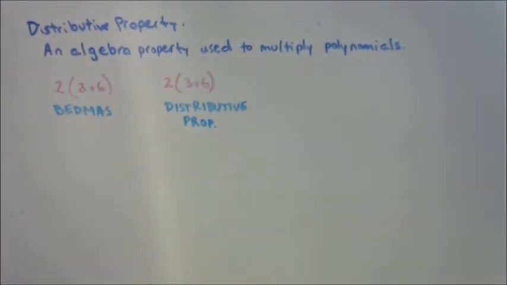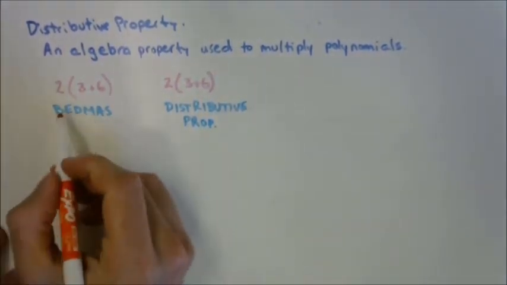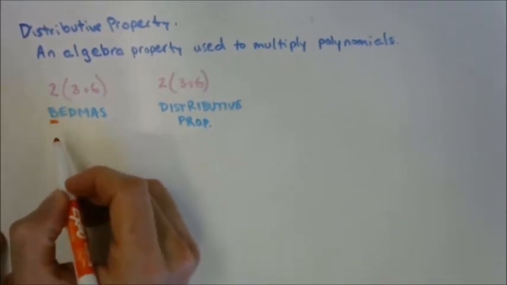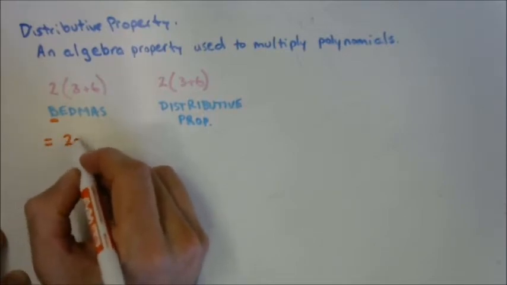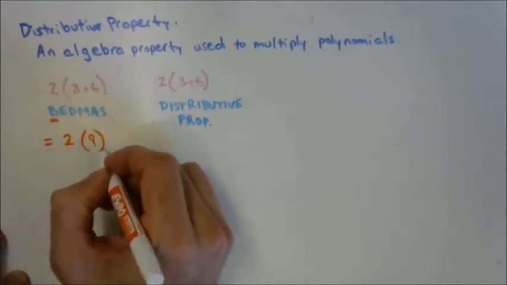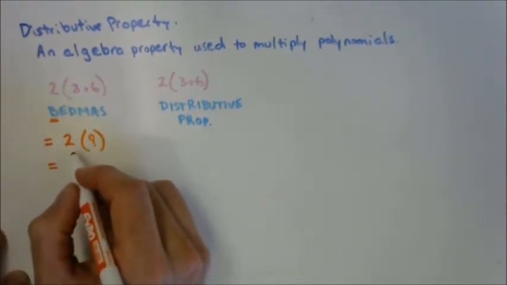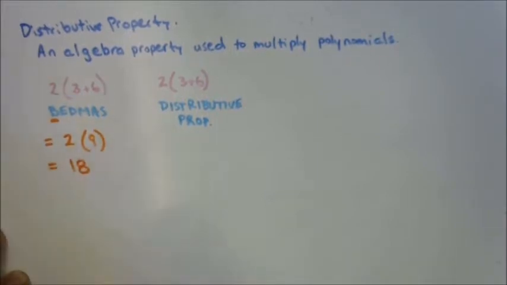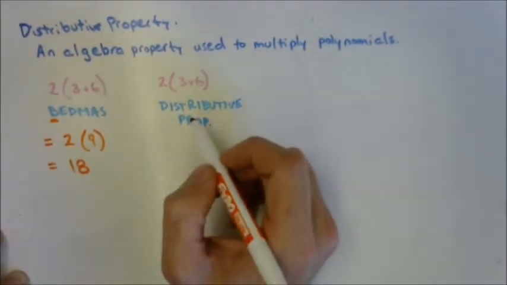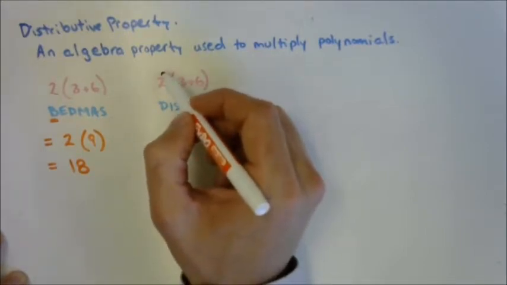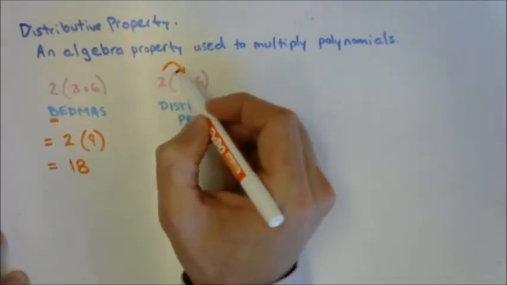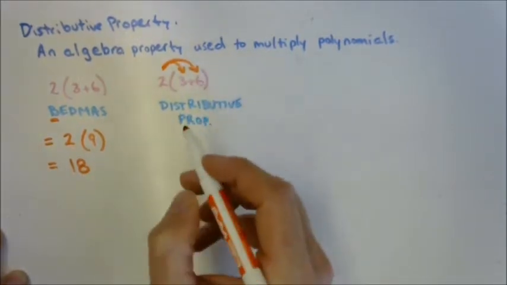Okay? If we use BEDMAS, we need to deal with what's inside the brackets first. So 2 times 3 plus 6 would end up being 2 times 9, which would equal 18. If we use the distributive property, which in this case is not easier, but it is when you're dealing with variables, means we're distributing the 2 to both terms inside the binomial.